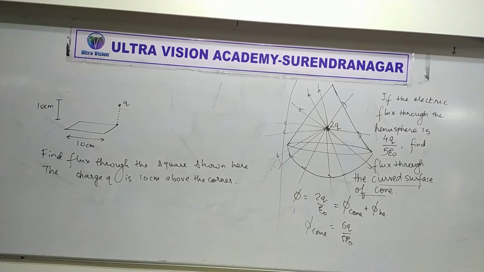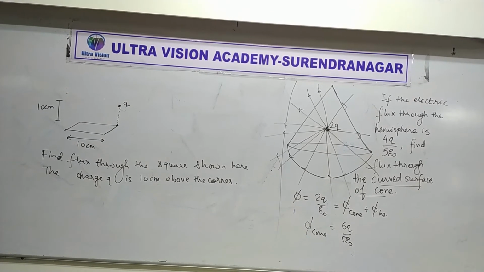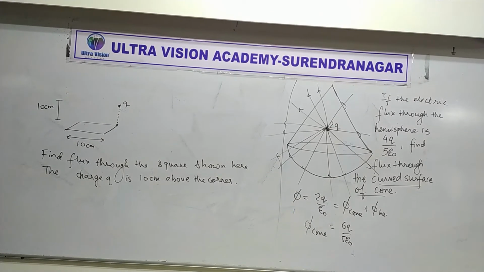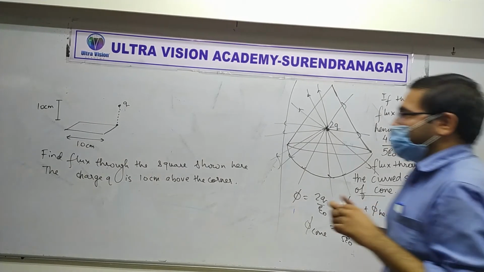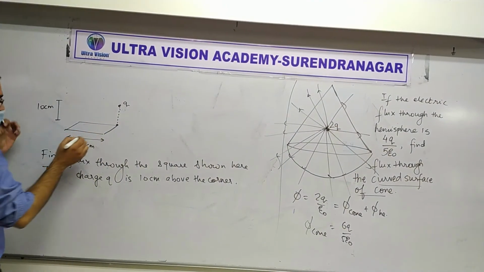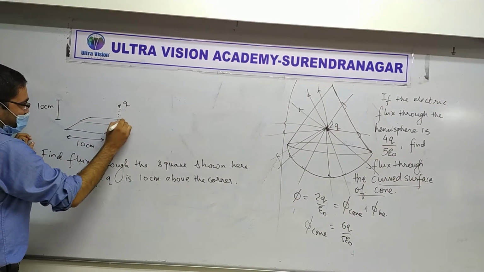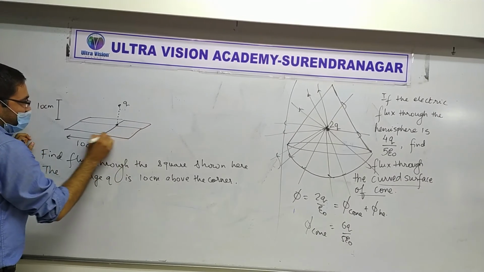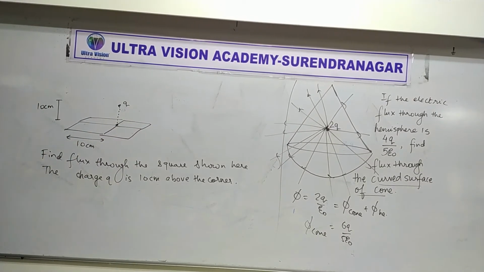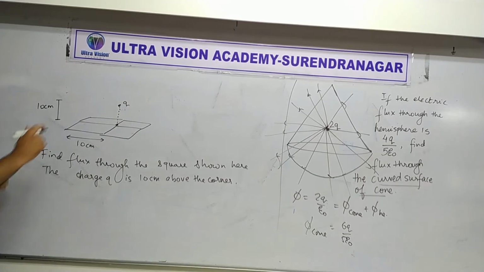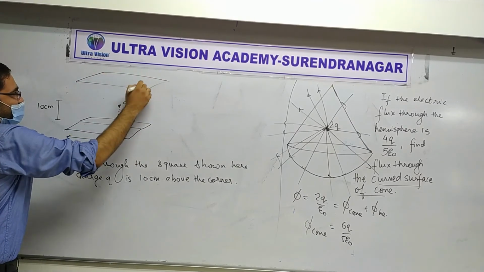Sit down. Well said, Q by 24 epsilon 0 is the correct answer. Let's see, first of all, you make 3 more squares here. Did you understand? This is only the floor. Now we make the ceiling and the walls.